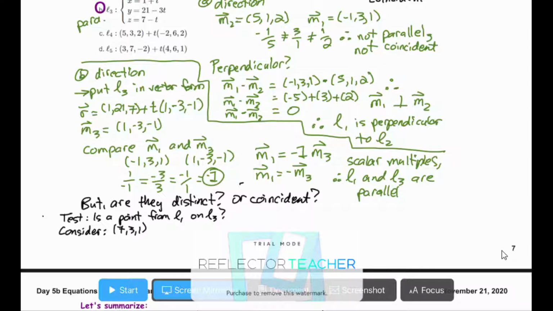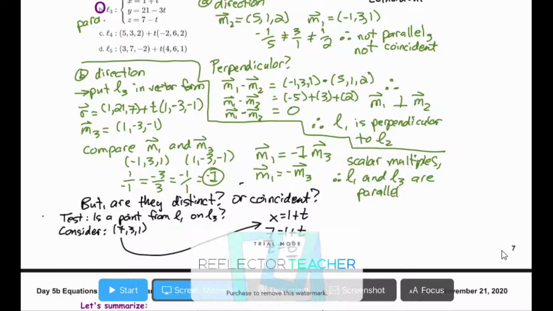So our first one, we have x equals 1 plus t. We have a known value of x here that we're going to consider. So 7 equals 1 plus t. Rearrange, t equals 6. All right, cool. So when t equals 6, our x value is 7. Let's try our y and z values and see what happens when our parameter is set to 6.